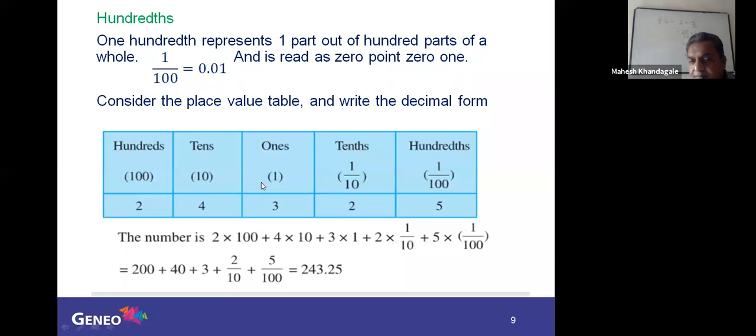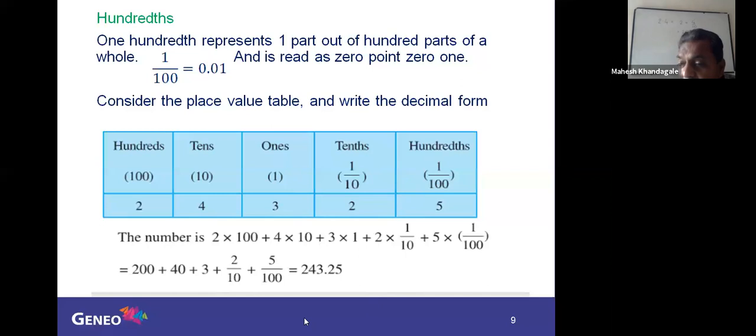Now for example, a number is given whose place values are like this: hundreds, tens, ones, tenths, hundredths. So this is 243.25. So what will the expanded form be? 2 is in the hundreds place, so 2 into 100. 4 in the tens place, so 4 into 10, plus 3 is in the ones place, so 3 into 1, plus 2 is in the 10th place, so 2 into 1 by 10. And now one more place has been added, that is the 100th part.